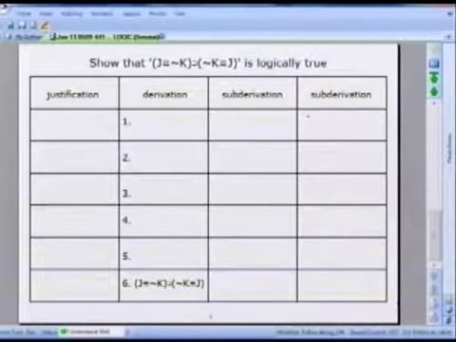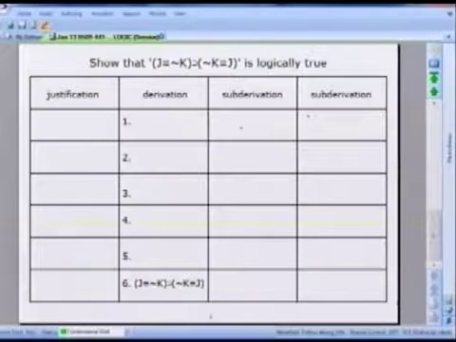The first part is probably the most transparent. The first step, I'm sure I'm doing this right. Suggest a way of beginning. You have to begin with an assumption.